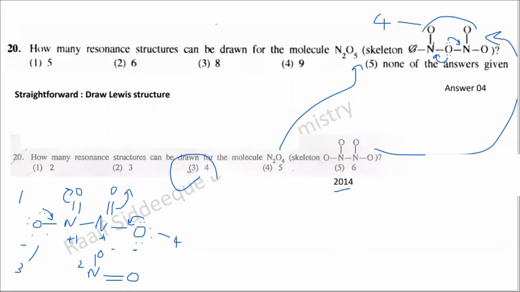So when this oxygen gives another contribution two times, with its lone pair going to this nitrogen as well as to this nitrogen, you will have another four resonance structures using this oxygen. Additionally, there can be another resonance structure where this oxygen gives two electrons to these two nitrogens. So basically, there will be nine resonance structures that you can form.